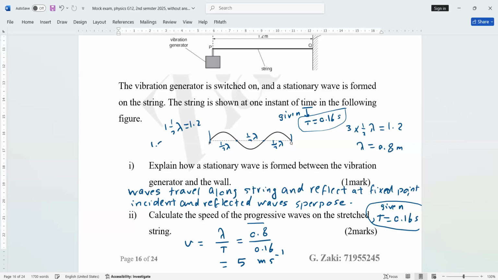Then lambda equals 1.2 divided by 1.5 equals 0.8. Okay? Now, this part is about the waves. Now, we take a break of about 5 minutes and then return.